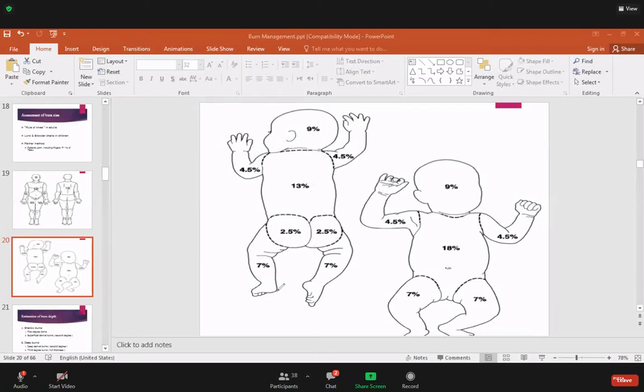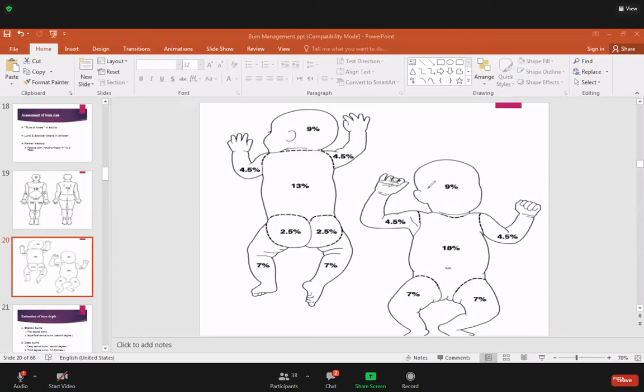And then the lower limbs. As compared to the adults, the lower limbs are slightly different because in adults we take 9% anteriorly and posteriorly, bilateral, but here it is 7%. The major difference is in the head and neck region. In children, in the head and neck region, we take 9% anteriorly and 9% posteriorly. This is different as compared to the adults.